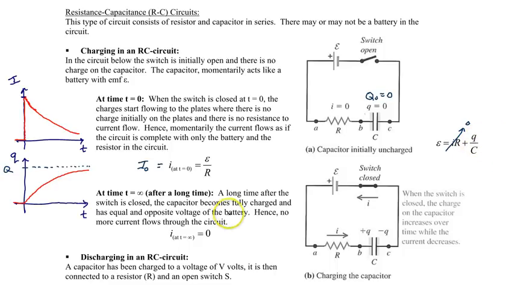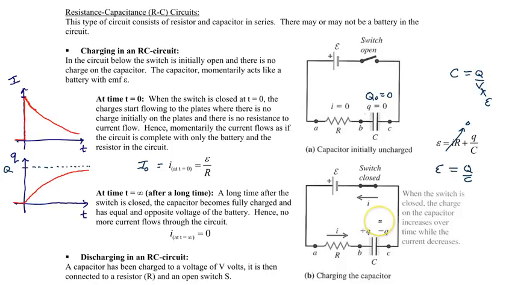So after a long time, when that switch has been closed for a long time, the current is no longer flowing through this circuit anymore, and the capacitor will be assumed to be fully charged. And so we now have that formula, EMF is equal to Q divided by C. If you recall, C is equal to Q over V, and we're just replacing the V with EMF.